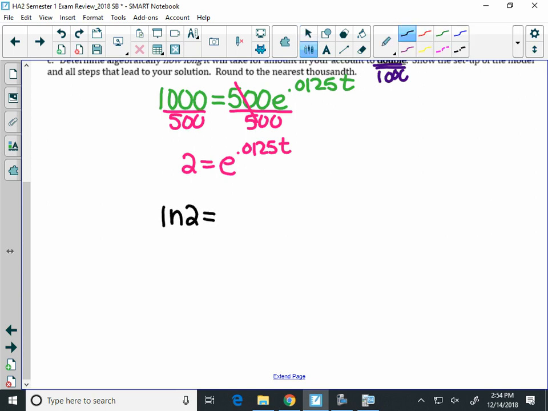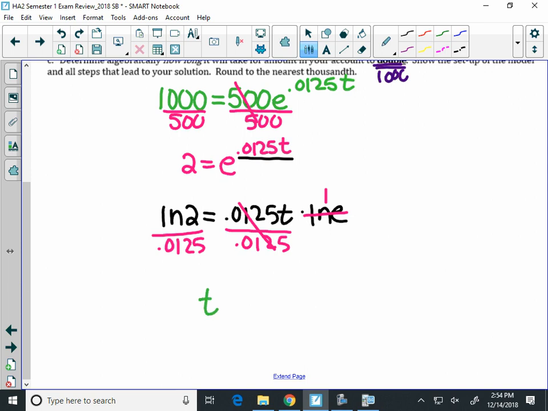So we'll take the natural log of 2. This whole exponent is going to come down in front of the logarithm. The nice thing about the natural logarithm is, remember, the natural log of e is 1, so it just crosses off here. So all we have to do to get t by itself is divide by 0.0125.